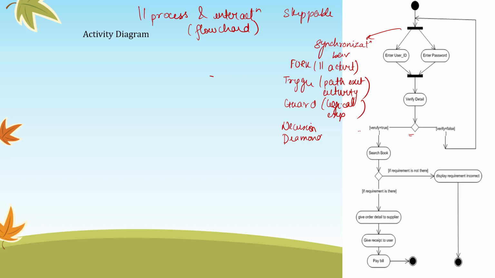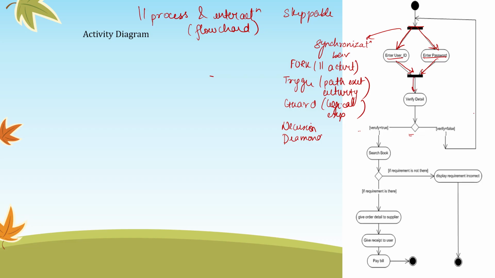So let's start by making one diagram. Understanding this one, so this is your start. From start, you go on this bar. Now you have two parallel activities. You enter user ID and enter password in parallel. You come back.